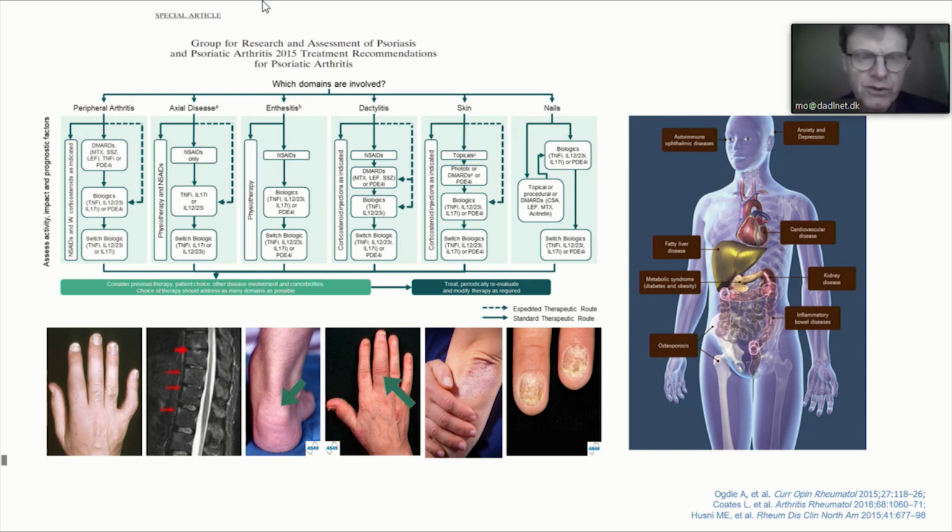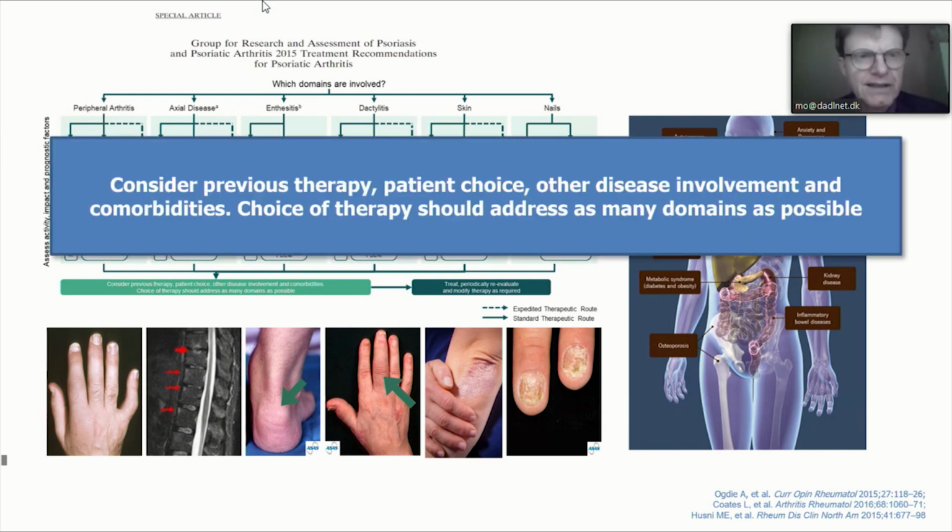So it is a difficult disease to treat optimally, and I think it is important that we consider a lot of different features when we treat our patients, both regarding what therapy they received before, also what the patients prefer and consider most important, but also different manifestations from the musculoskeletal system and other disease manifestations and comorbidities.